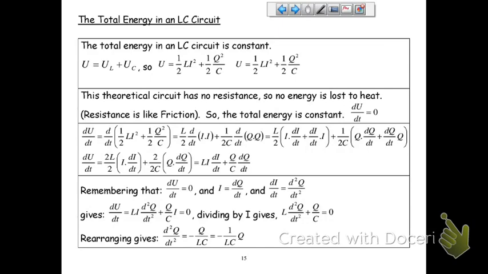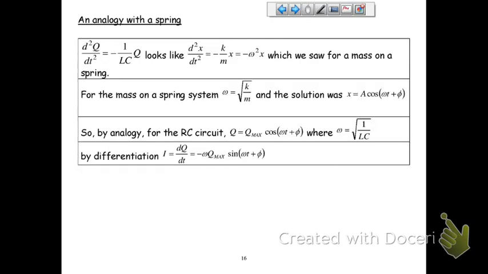Rearranging gives us d2q by dt squared equals minus q over LC, which equals minus 1 over LC times q.